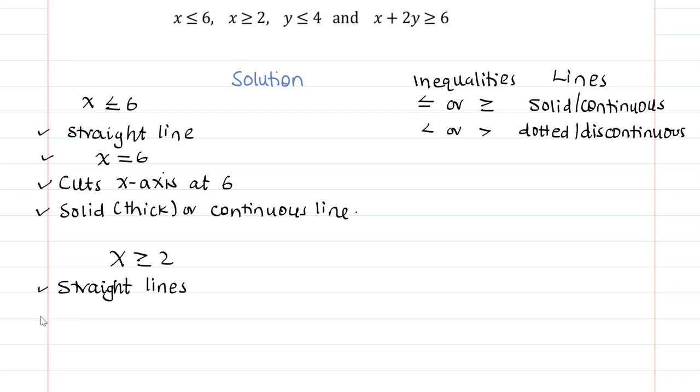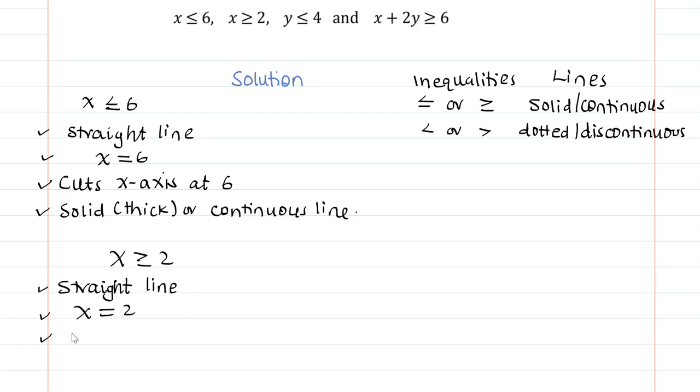But for this level, we deal basically with the straight lines of inequality and linear programming. What is the next thing here? We shall assume that the line is x equals to 2. So the line is cutting the x-axis at 2.